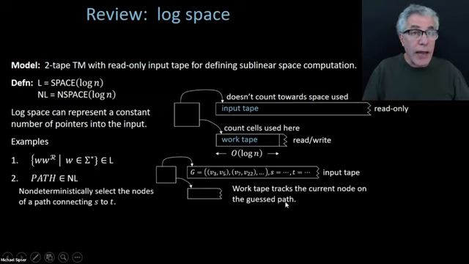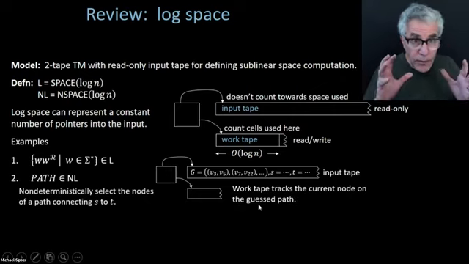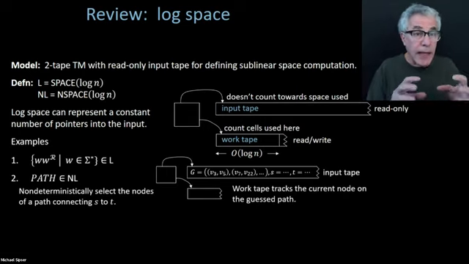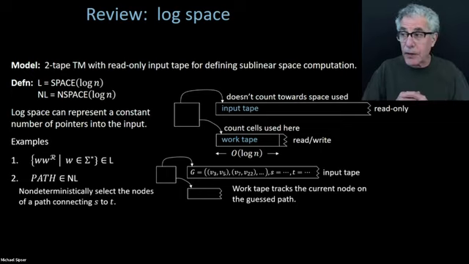And the work tape would keep track of the current node. So the non-deterministic machine would guess a path that takes you from S to T, node by node, and the work tape would keep track of the current node. Okay, so I hope you develop a little bit of an intuition for these classes, L and NL. We're going to be spending the entire lecture today talking about that.